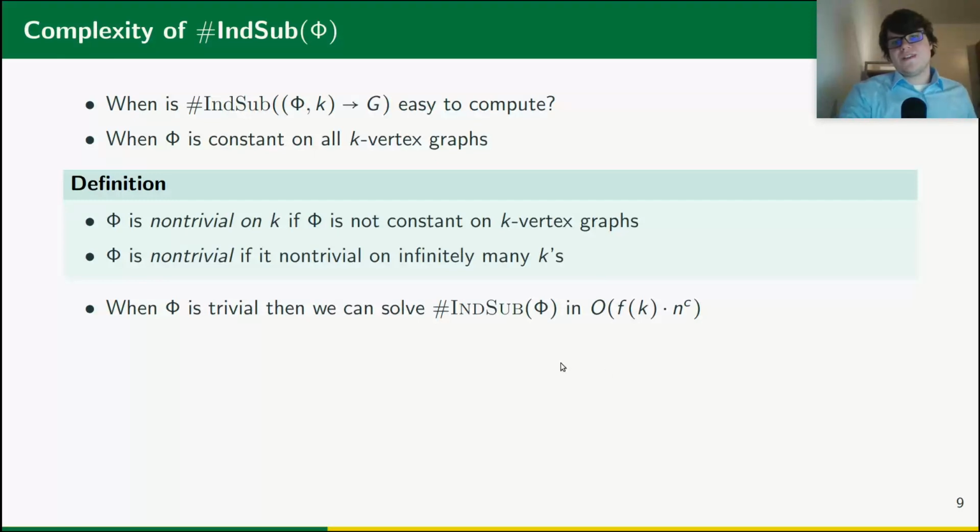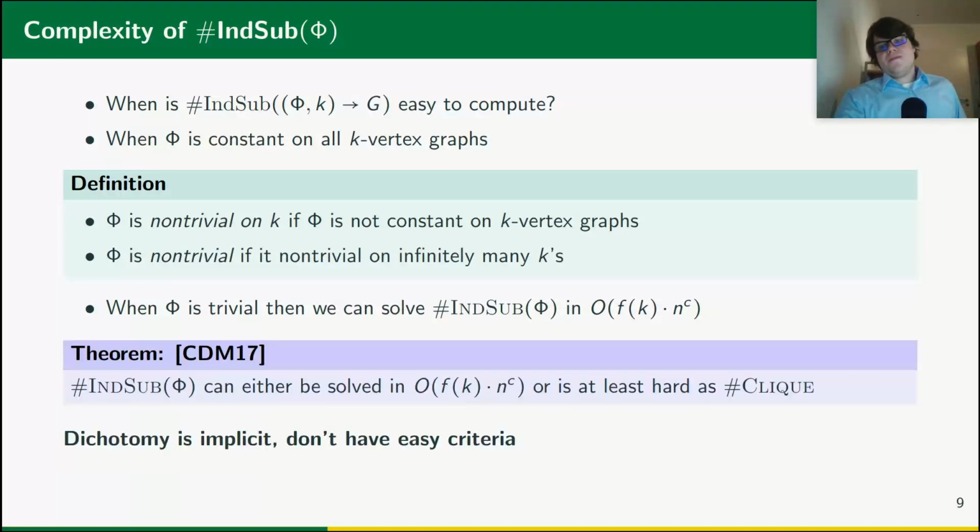So in these two cases, the problem is easy, and we say that phi is non-trivial on k if it's a non-constant function on k-vertex graphs, and it's non-trivial in general if it's non-trivial on infinitely many k's. And it's quite easy to see that if phi is trivial, then we can solve this #Sub(phi) problem in such a running time by just checking if one graph is true or one graph is false. So in this case, the problem actually becomes quite easy.